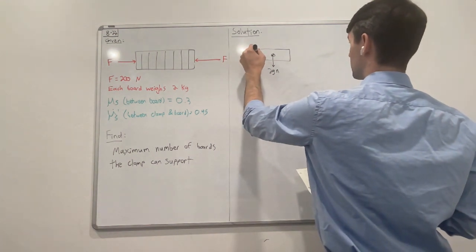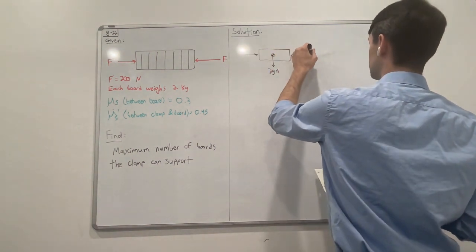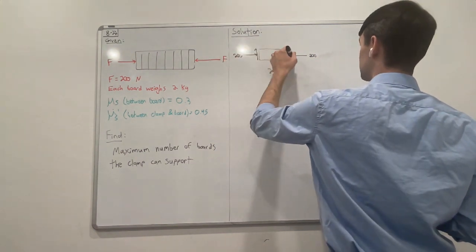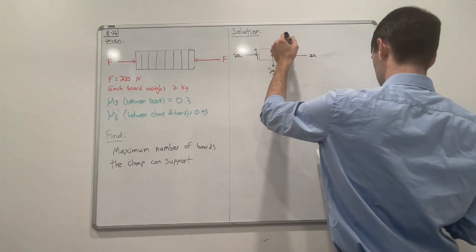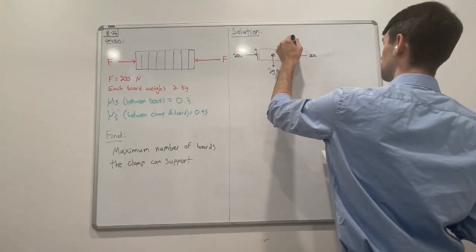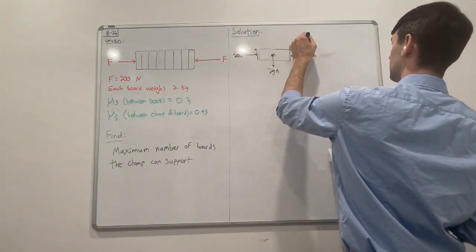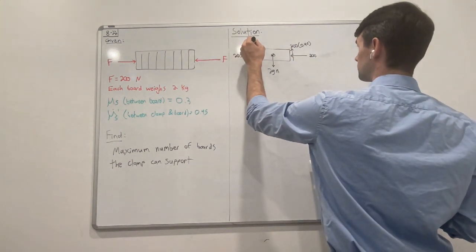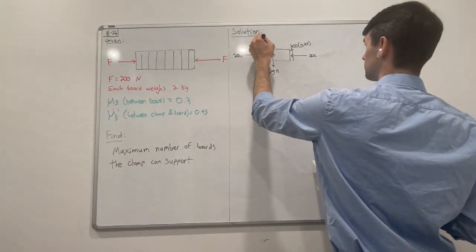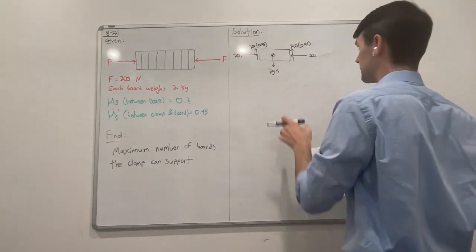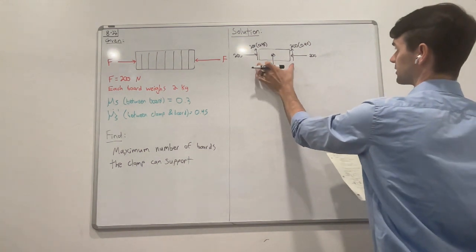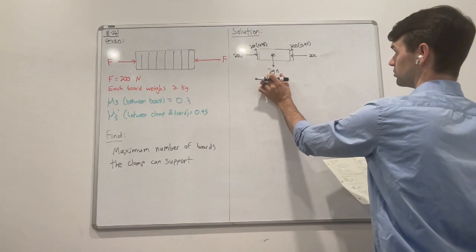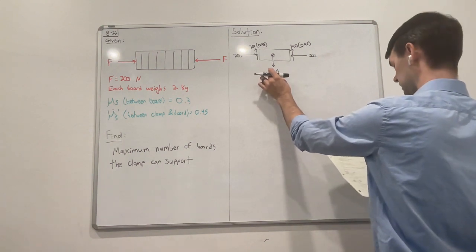We have these forces pressing in that are 200, and what's resisting that is the friction force, 200 times 0.45, because this is between the clamp and the board. So that's what the free body diagram looks like: a collective clump of blocks that collectively weigh 2 times gravity times n.